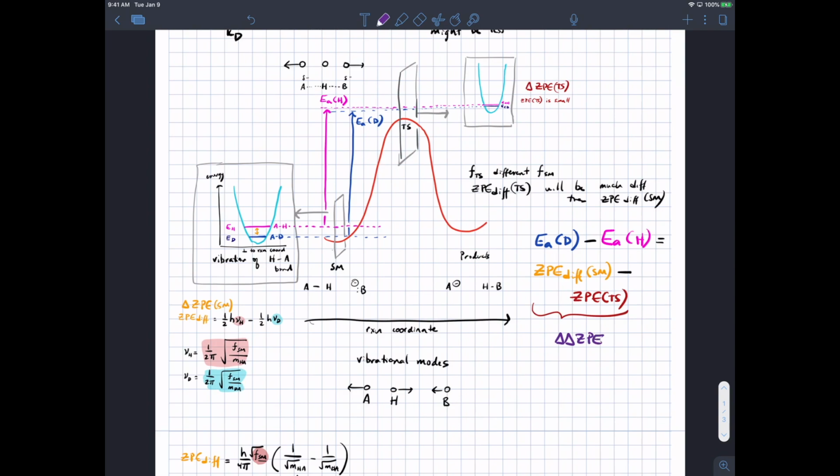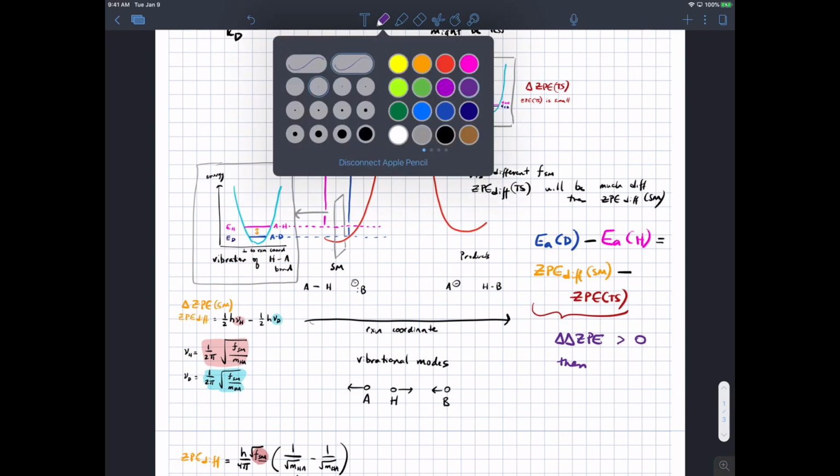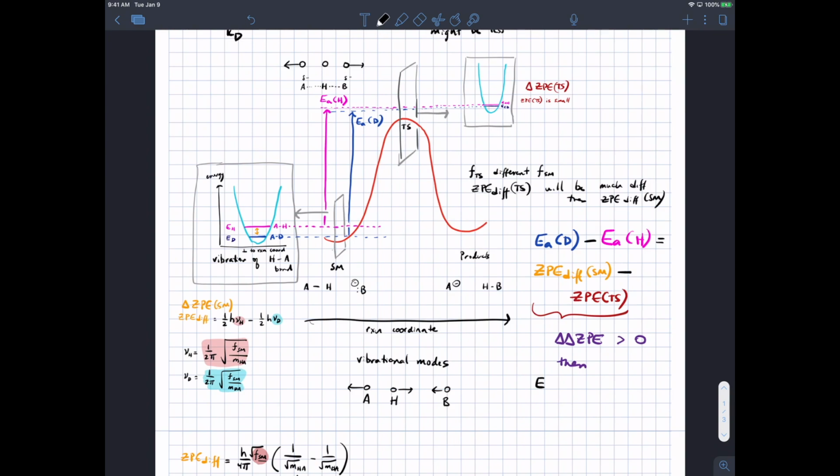But if this delta delta ZPE is greater than 0, then activation energy for deuterium is greater than activation energy for proton.